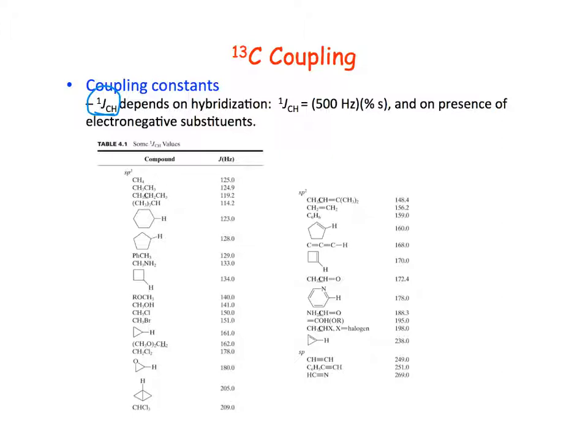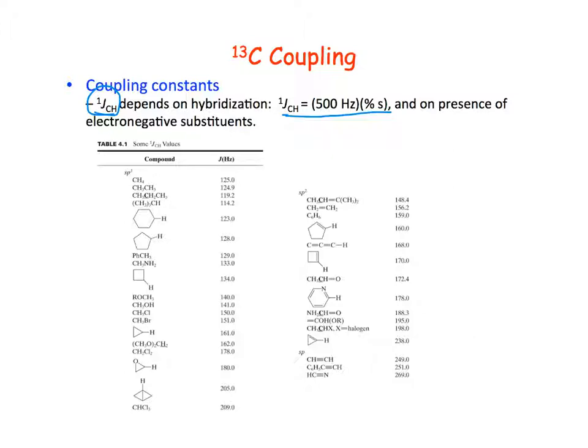All right, so as a general range, we can use this equation right here, which says that the 1 bond coupling constant will equal 500 hertz times the percentage of S character in the hybridized orbital.